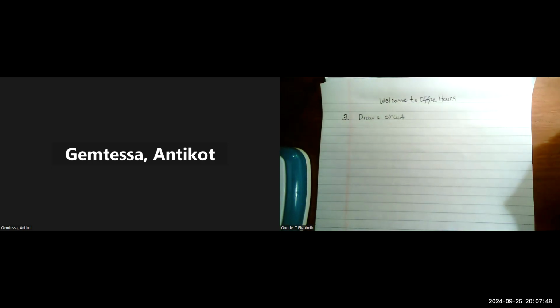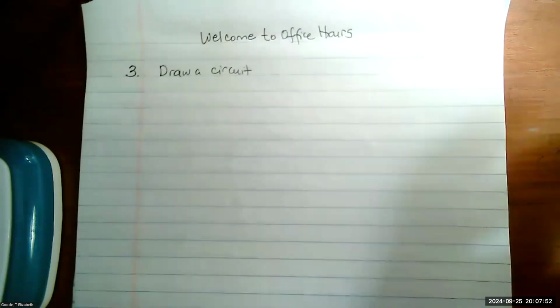I'm going to pin this. So we're going to draw a circuit. And what does it do? It outputs a 1 if and only if P and Q have the same truth value. Is that what it is? Let me see it. I just want to read it exactly the way it says.